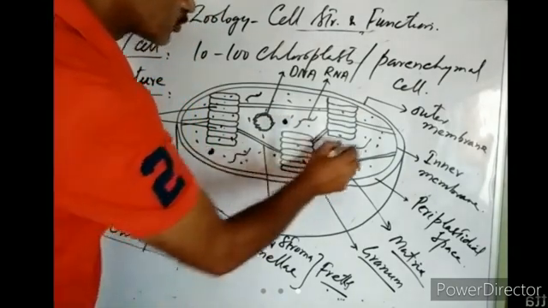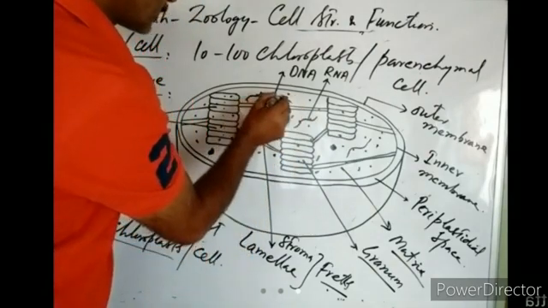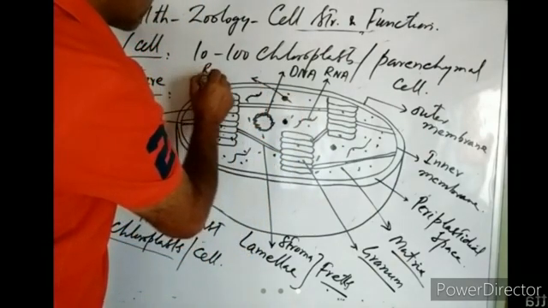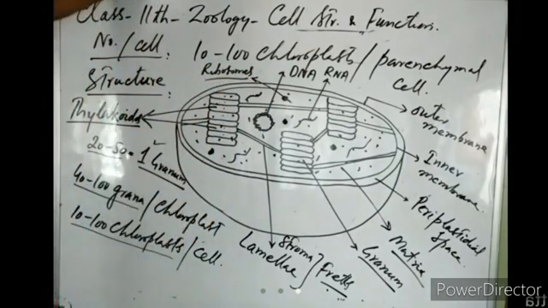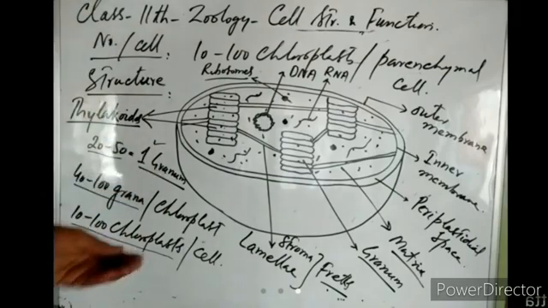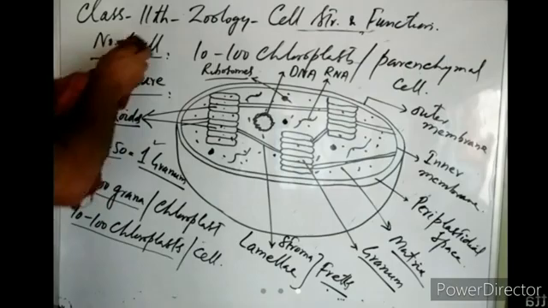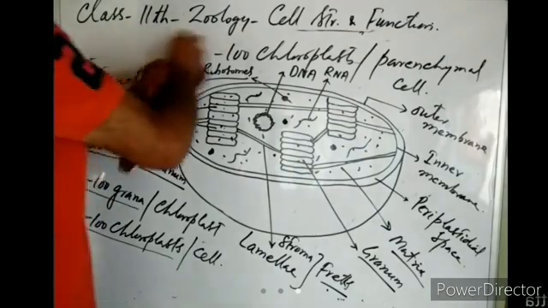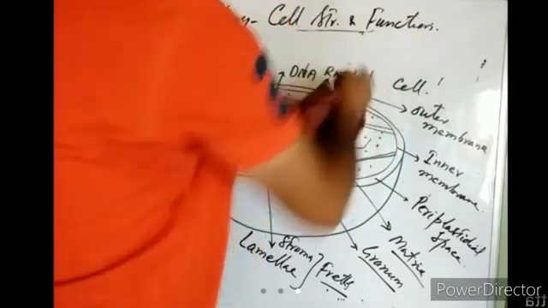These are the ribosomes in a chloroplast, right? So a chloroplast has got its own DNA, its own RNA, its own ribosomes, like a mitochondria. So like mitochondria, they are also known as semi-autonomous organelles of the cell.